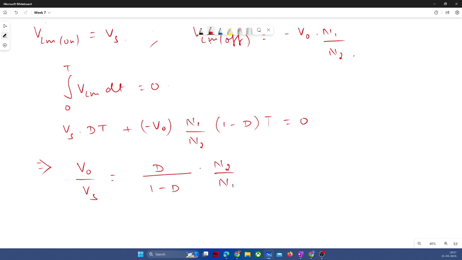So yeah, I think this is all. This is what we get, the relationship between input and output.